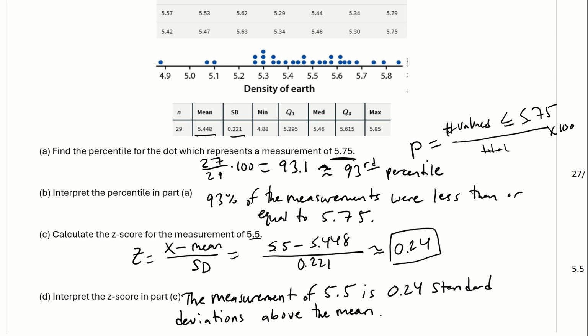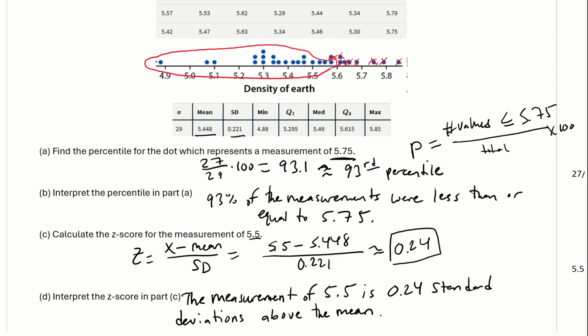So we're going to use the dot plot again for that. So we got 1, 2, 3, 4, 5, 6, 7, 8 and 9. So that means there's a total of 29 measurements.